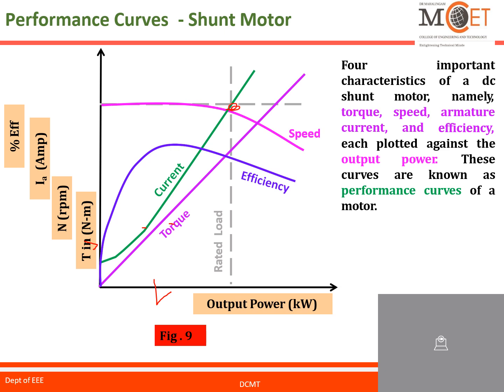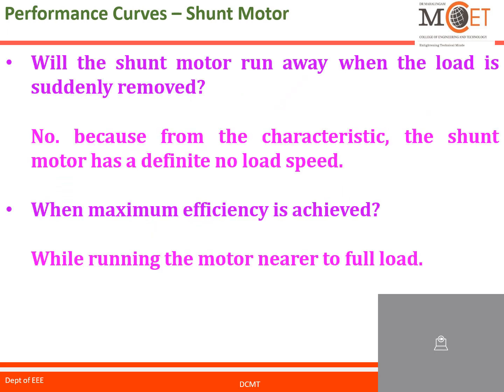After rated load, the speed starts to decrease. And efficiency increases until it reaches the maximum near the rated load, then it starts to decrease. Therefore, the shunt motor should ideally operate close to its rated load for maximum efficiency. This is the shunt motor performance curve.